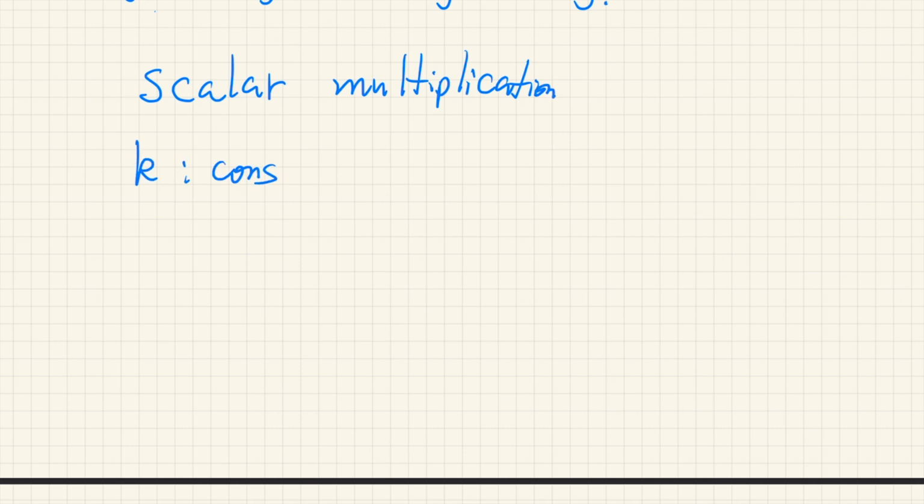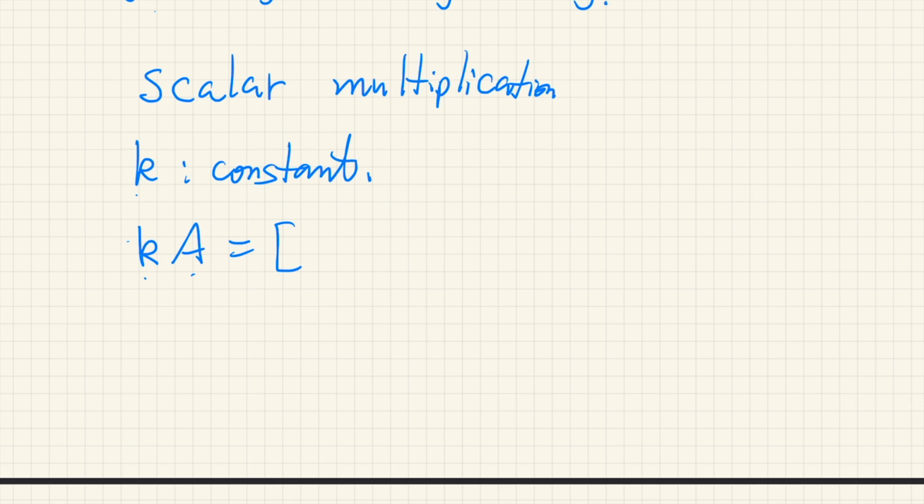And next, we define something called scalar multiplication. Let's say k is a constant. It can be a real number or a complex number or whatever numbers. Then the scalar multiplication between this constant k and the matrix is defined as the element-wise multiplication between each element and this constant.